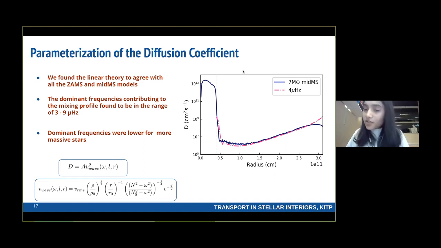Here is a plot showing the diffusion profile from the simulation for a 7 solar mass mid-MS model in blue, and the theoretical diffusion coefficient corresponding to 4 microhertz in pink. As you can see, the theory agrees well with the simulation. We also found that the dominant frequencies were lower for more massive stars.